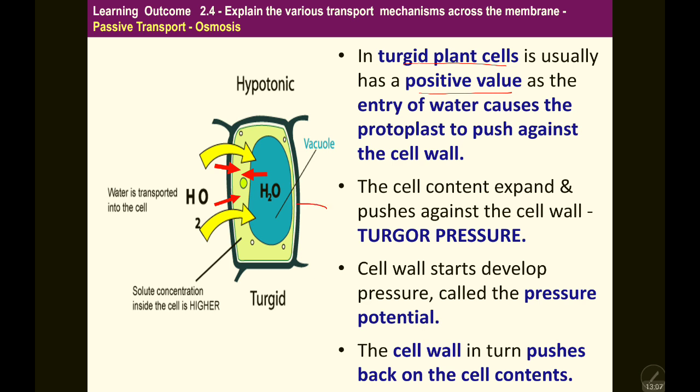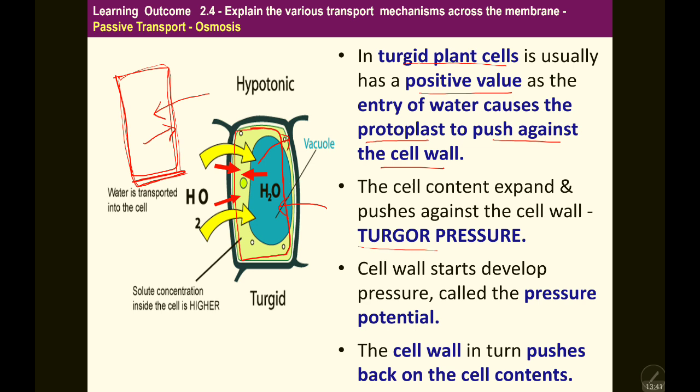Because when the water enters the cell, the protoplasm will push against the cell wall. Protoplasm means the content inside the cell. Imagine the cell wall is very rigid. So when something enters this plant cell, until the rigid cell wall cannot resist it, it cannot change shape easily. So this protoplasm presses against the cell wall until this plant cell becomes very turgid.